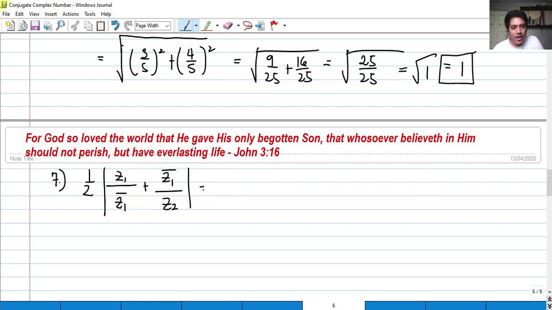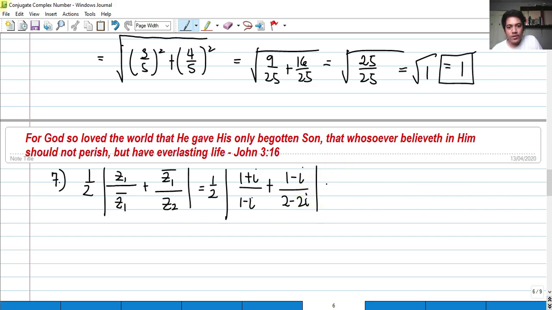So first, before we multiply by 1/2, we need to evaluate what is inside of the modulus. So we have 1/2 multiplied by z sub 1, our z sub 1, 1 plus i, over the conjugate of z sub 1, that is 1 minus i, plus z sub 1 conjugate is 1 minus i all over z sub 2. Our z sub 2 is 2 minus 2i.